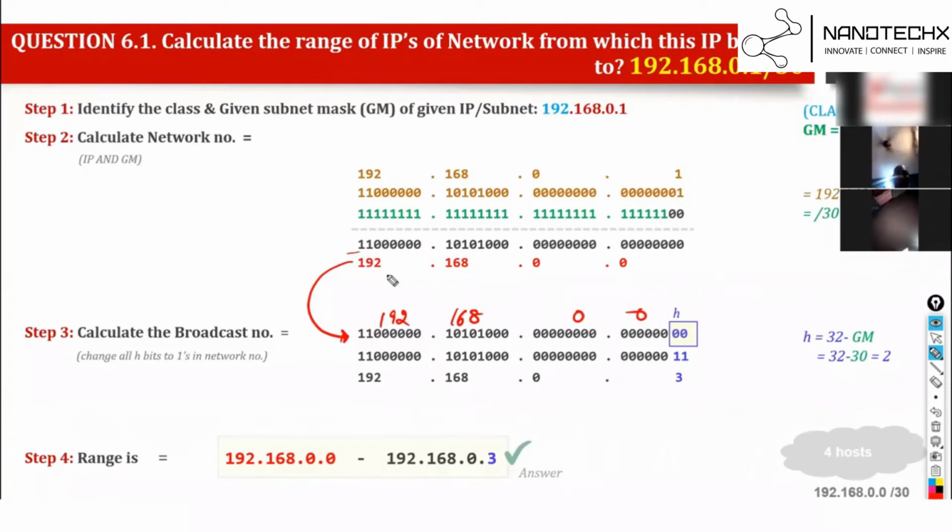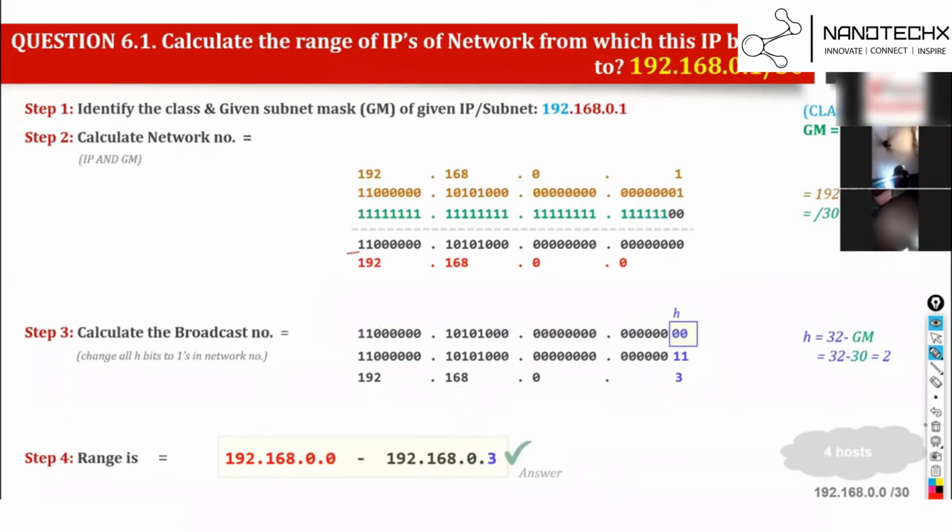In that, we will just change all the host bits to ones. That's all, and then we will find our broadcast number as well. Again, we take our network number and change all the host bits, H bits, to ones, and then we will get our broadcast number, which is this one. We will do an example as well, don't worry.